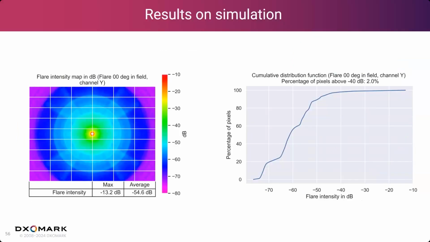from DXOMARK. Yeah, thank you, Sébastien. Here, as we mentioned, this is the output from our measurements. It shows in dB the evolution of the flare in the field of view. So for instance, here it's with the flare at 0 degree in the field, so at the center of the image.